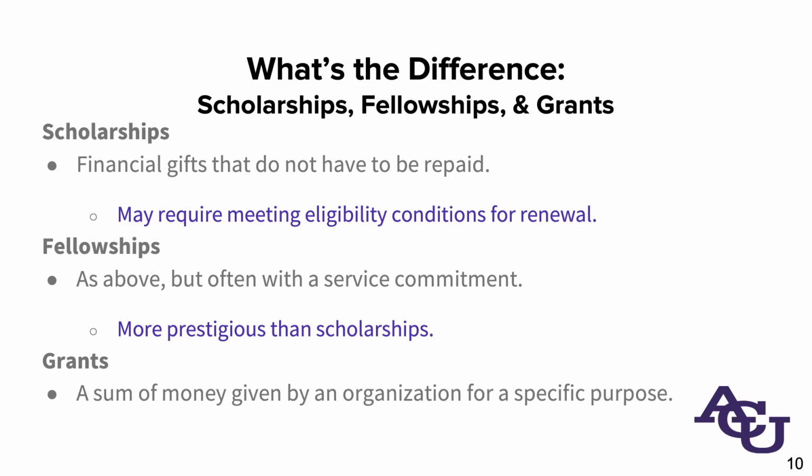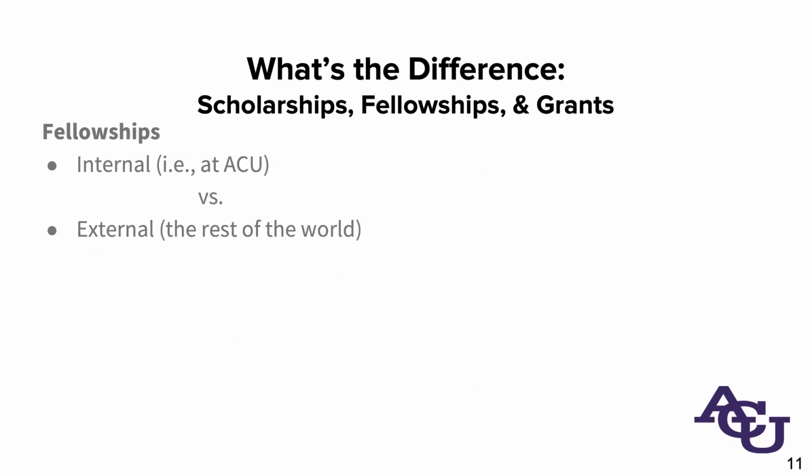Often fellowships are something that you might receive starting at the graduate level, while scholarships you might find at the undergrad and graduate level. And grants are sums of money that are given by some sort of organization, could be a university, could be an external organization, could be a government, sum of money that is being given for a specific purpose.